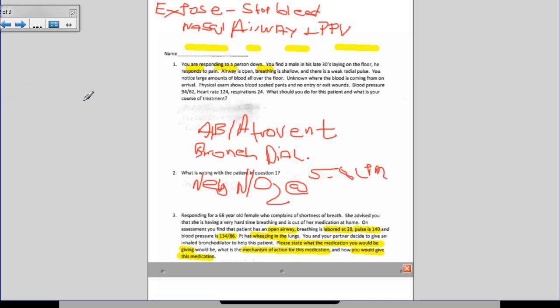And we should know the dose, right? So the dose is going to be 2.5 milligrams of albuterol and 0.5 of Atrovent.